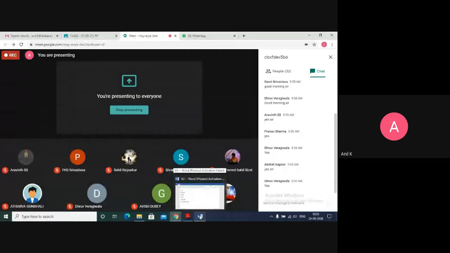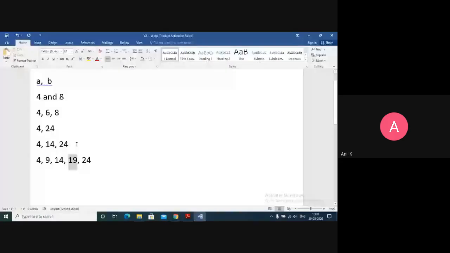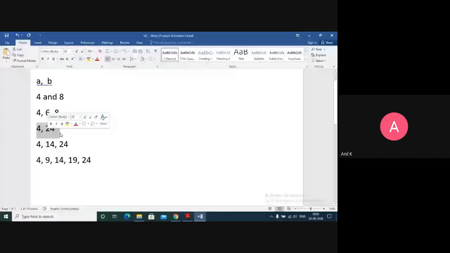No idea? We have to get an idea. It's simply that 14 is the average of both the numbers. 4 plus 24 is 28. 28 upon 2 is 14.